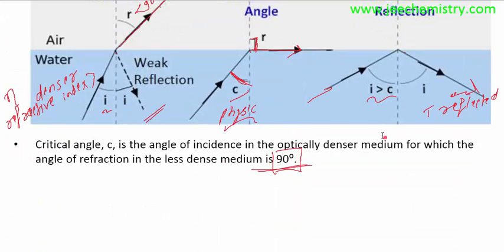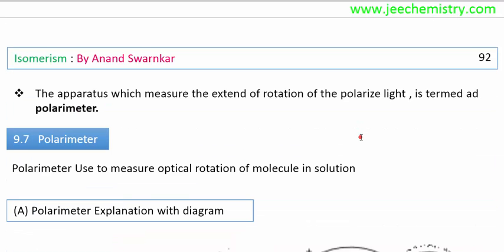The degree of rotation is measured by a device called a polarimeter, which measures the angle of rotation of plane polarized light.